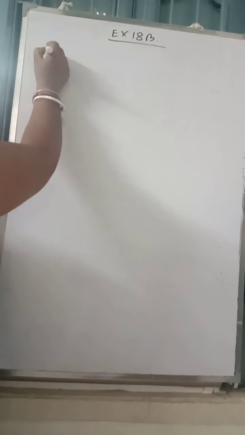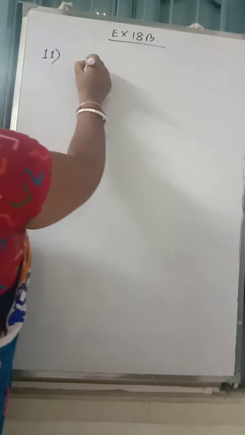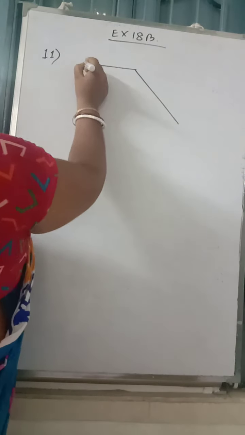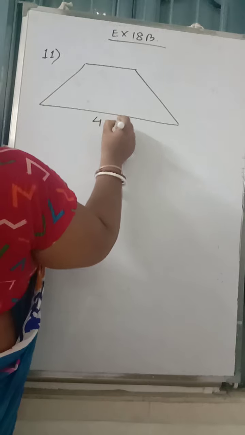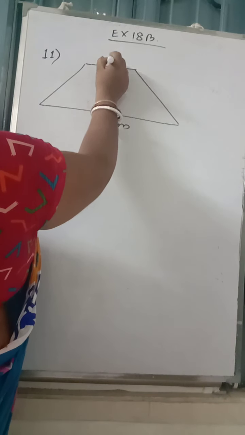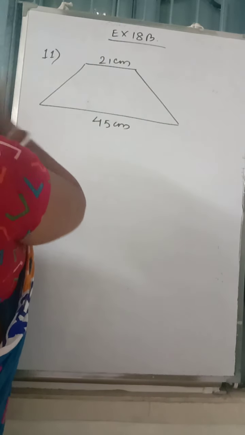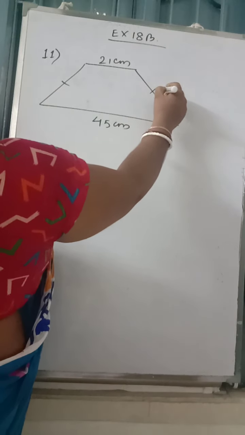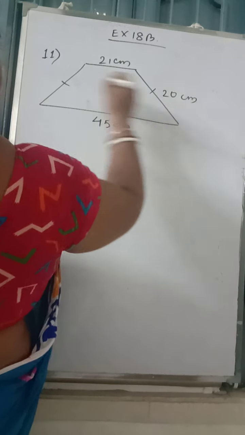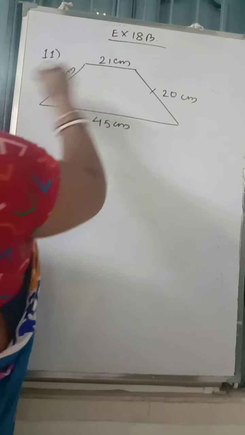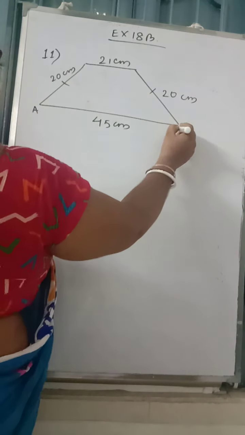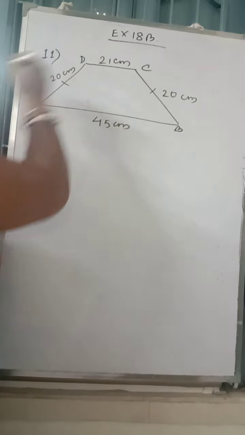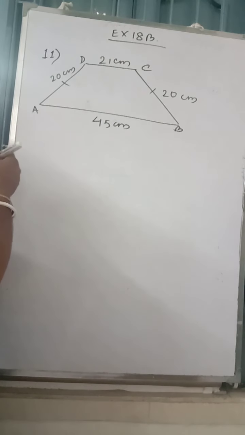Here it says the parallel sides of the trapezium are 45 centimeter and 21 centimeter, and these sides are 20 centimeter. Now for my convenience I have given the points.